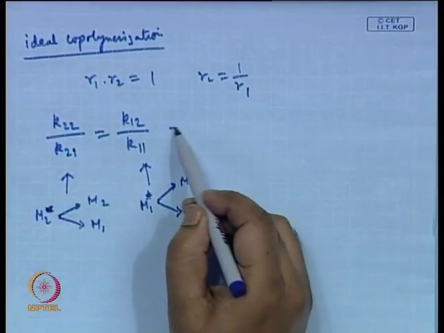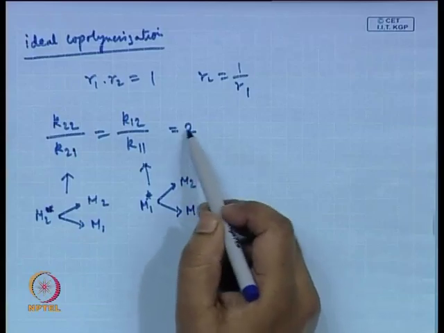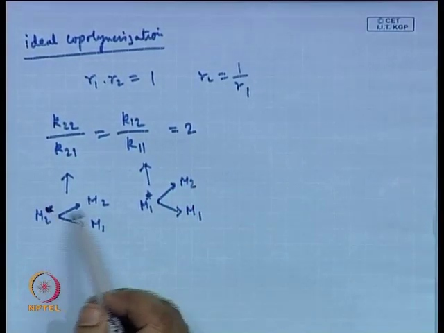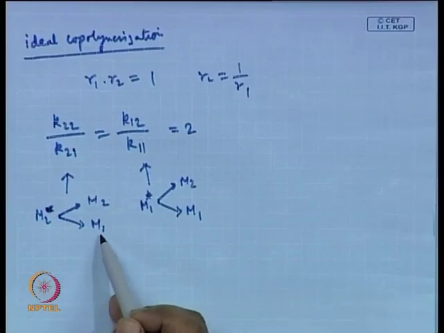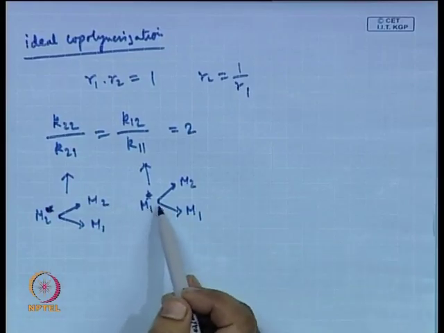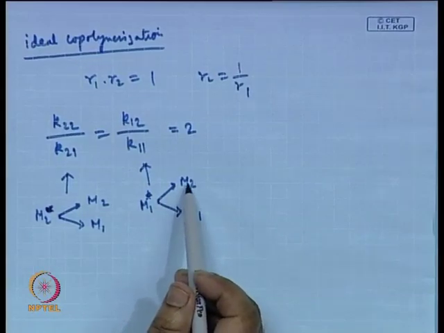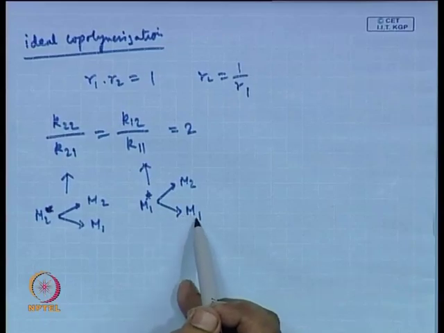Now, if I consider this value as 2, which means that M2 star will react twice as fast with M2 compared to M1. So does M1 star. M1 star also will react with M2 twice as fast as it reacts with M1.